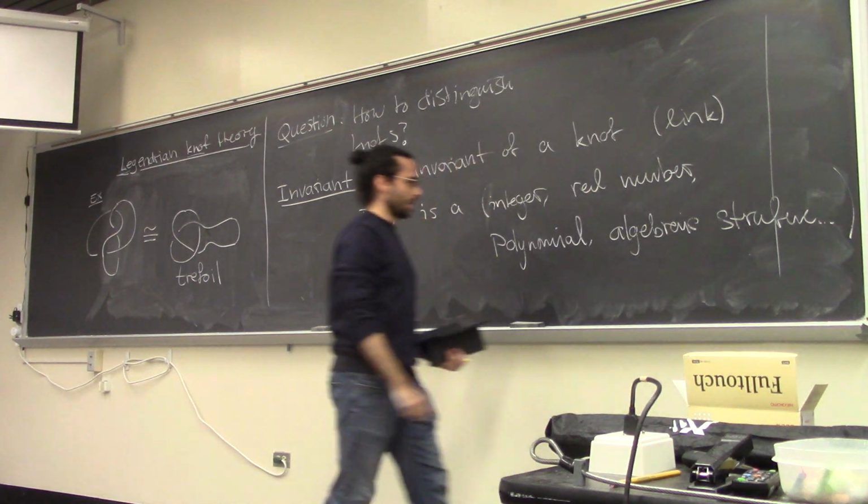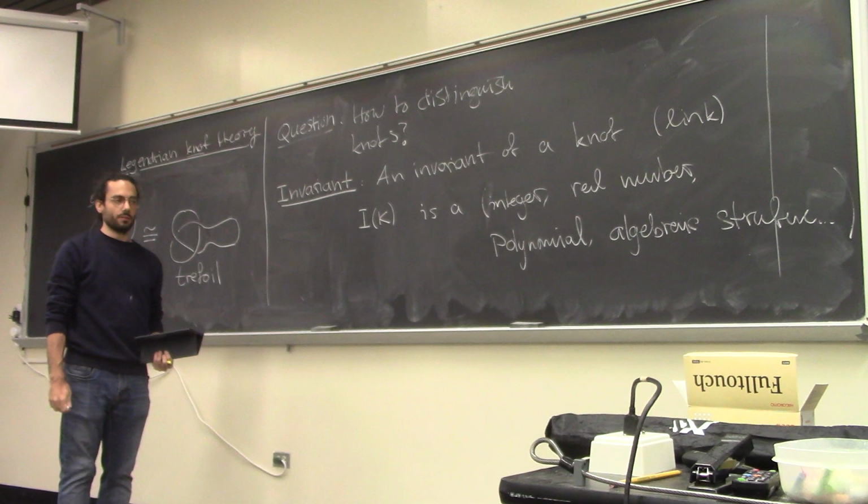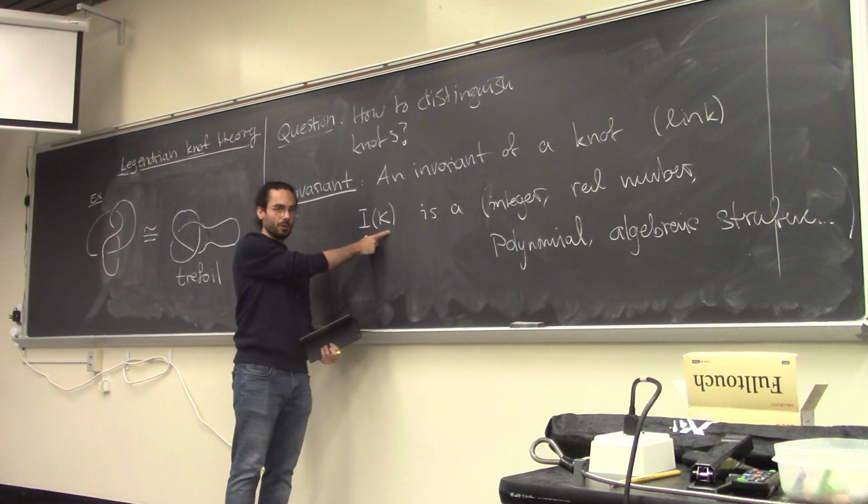It could be some algebraic structure: some group, some ring, some algebra, whatever. But it's something we associate to a knot.